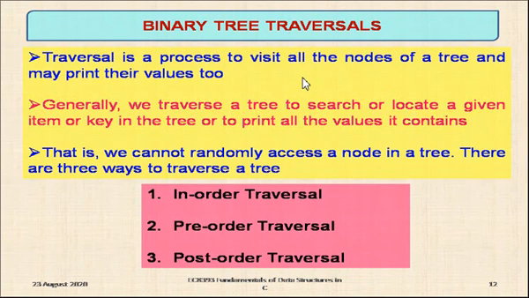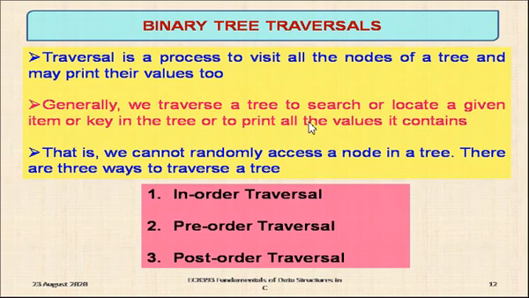And coming to the binary tree traversal techniques. Traversal means it's a process to visit all the nodes of a tree and may print their values too in a particular order, not in a random order. That is called tree traversal. If you traverse a binary tree, it is called binary tree traversal technique.